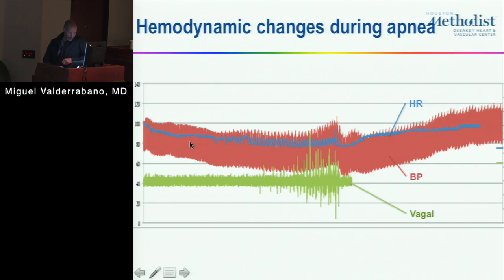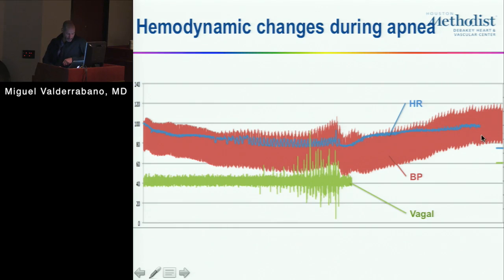The heart rate goes down. This is the blood pressure in whatever this color is, red. And you see how into the apnea you're still getting these oscillations that seem to be getting more frequent, and that match the vagal discharges. Once you start breathing, the heart rate picks up, and you don't get those oscillations.